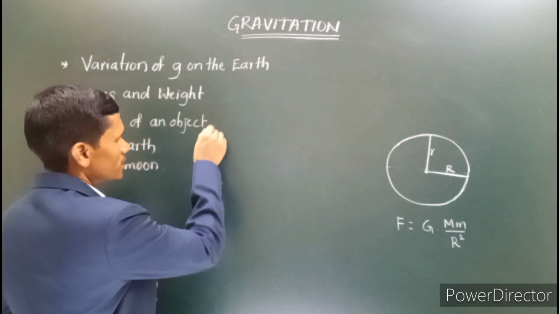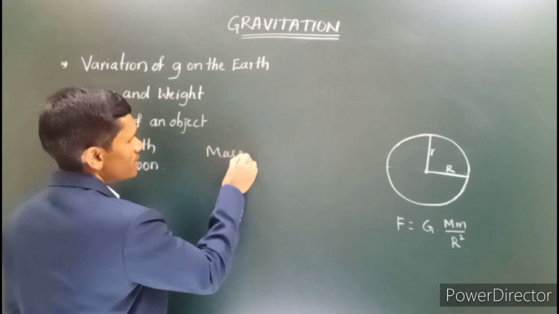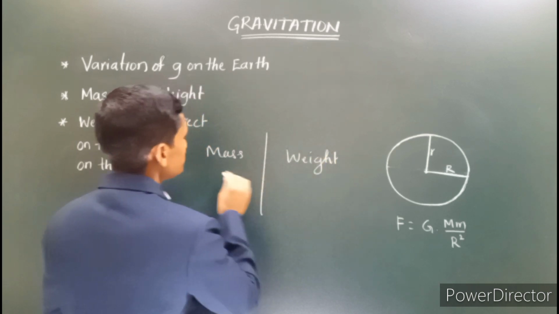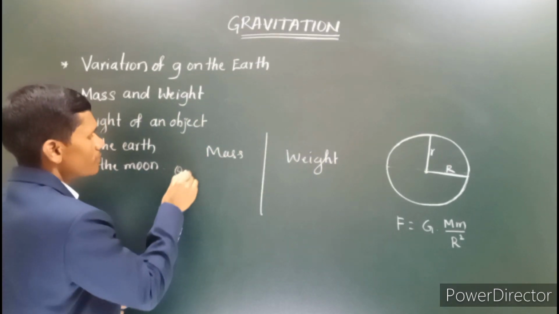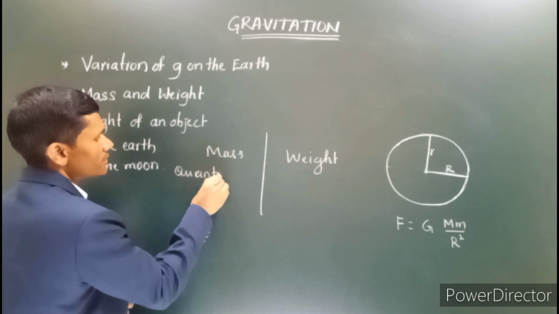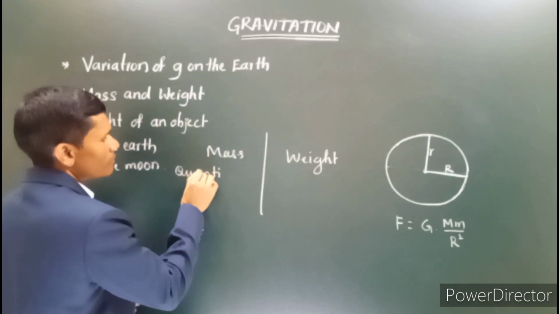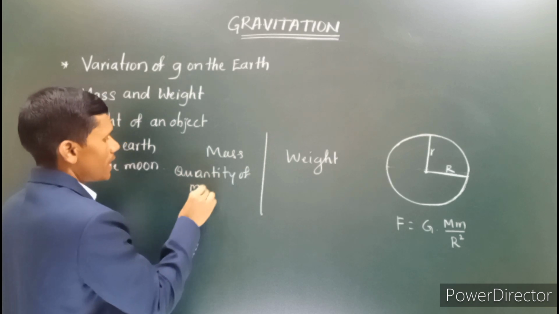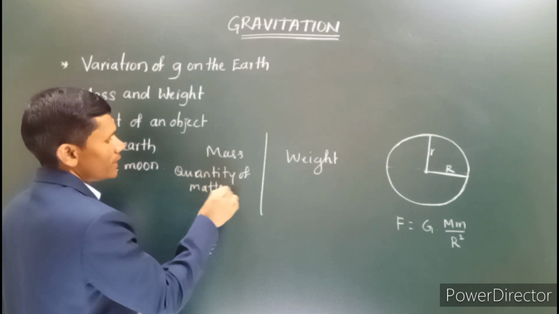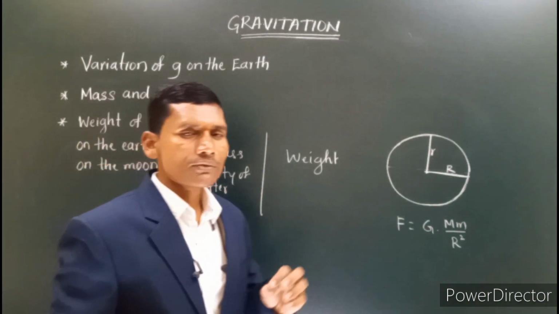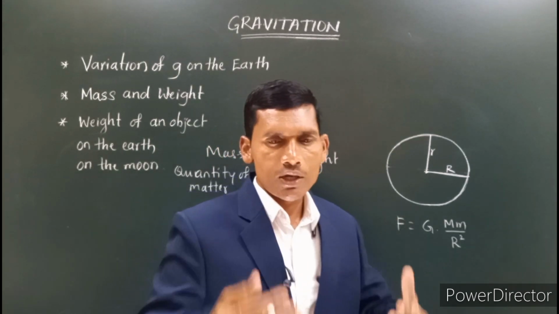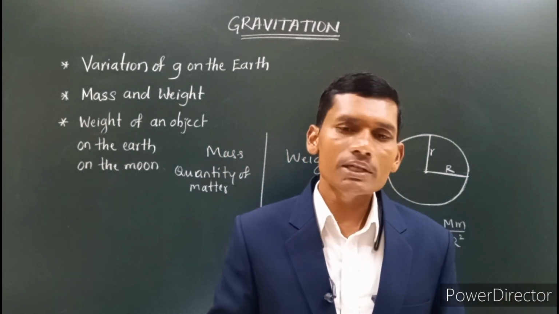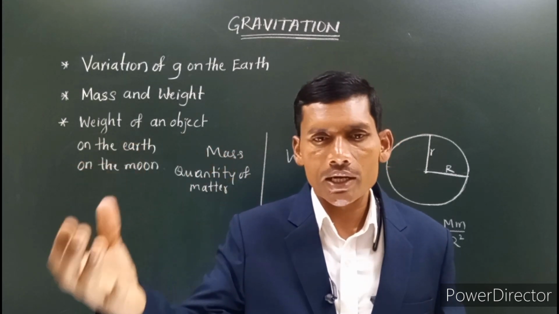So if you write the differences here, mass on one side, weight on the other. Mass is the quantity of matter contained in an object. Whereas what is weight? If we are standing on the earth, we have some weight. Why do we get that weight? Just because of the gravitational force of attraction.